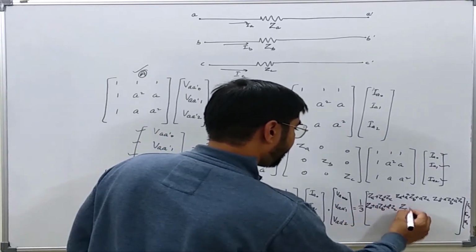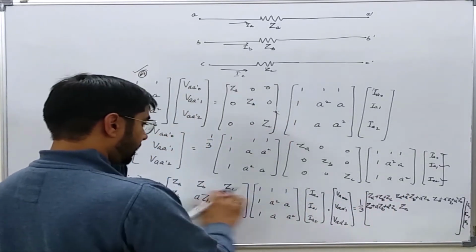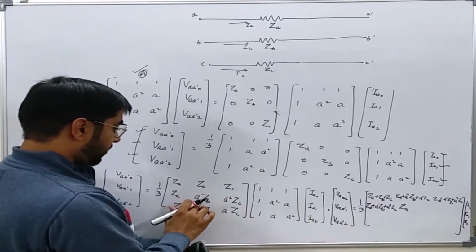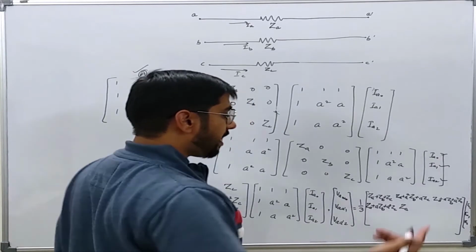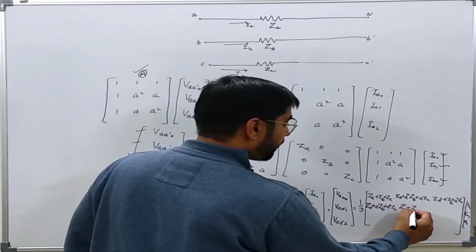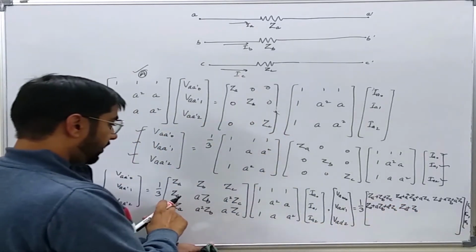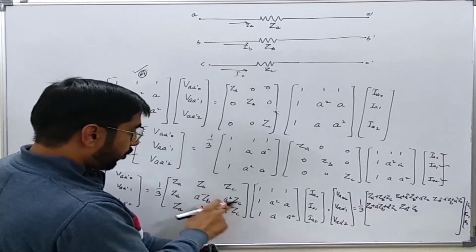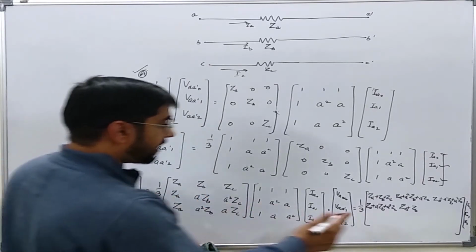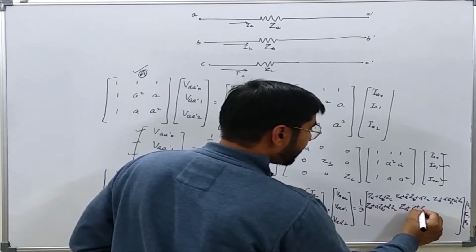ZA plus A cube ZB. Now A cube is just equal to 1, so I will just write 1 ZB. Similarly, the third, A cube ZC plus ZC.